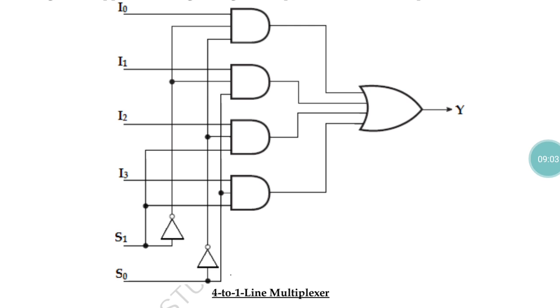I2 will be connected with S1 and S0 bar. I3 will be connected with S1 and S0. So it reflects the sequence 0 0, 0 1, 1 0 and 1 1.